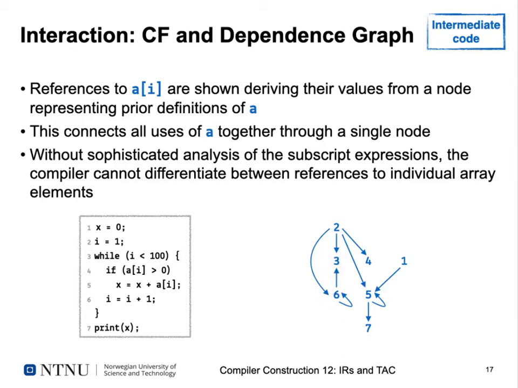You can see that the values for I in line 3 can either come from line 2, which would be the initial condition when we enter our loop the first time, or it can come from line 6, which would be the update of our loop counter here of our loop condition. Of course, line 6 increments I and assigns it to I again, so we have a dependency from line 6 to itself again here.